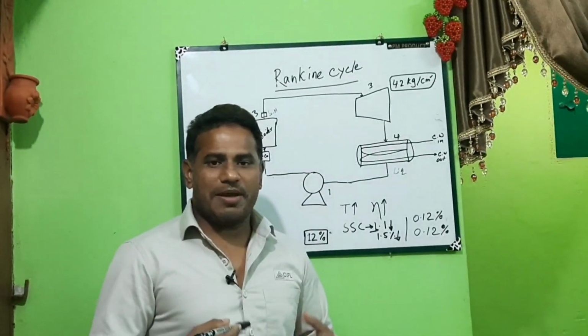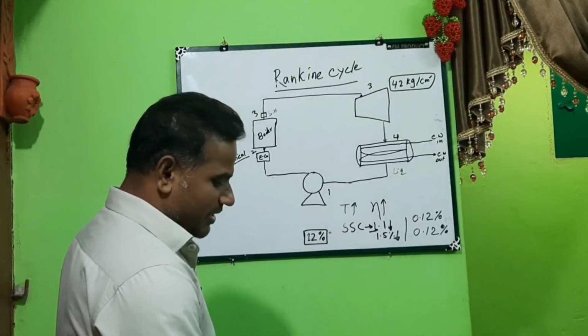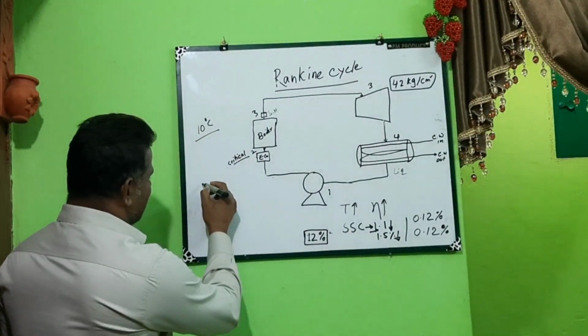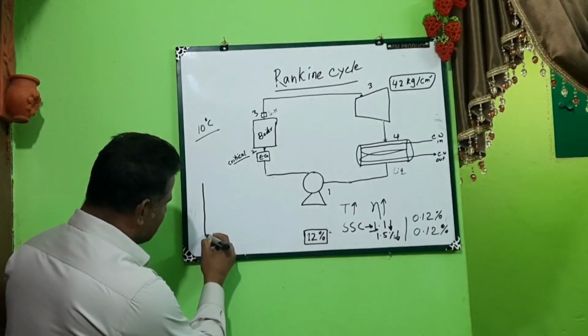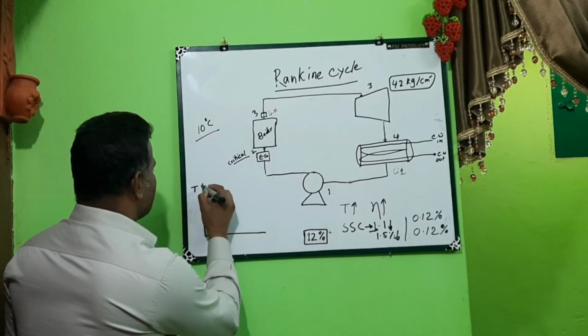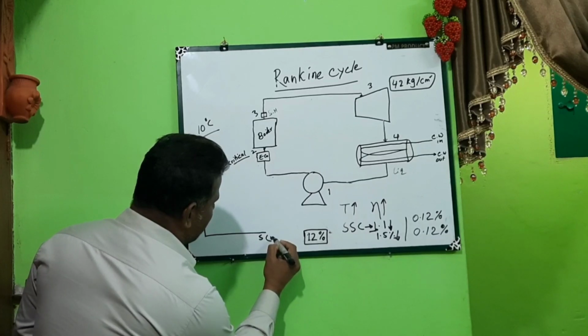So for better understanding of this process, I will make one TS diagram. Viewers, you think this side is temperature T and this side is S. S means entropy.